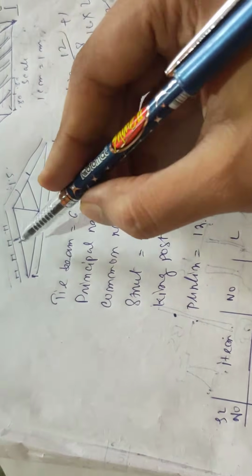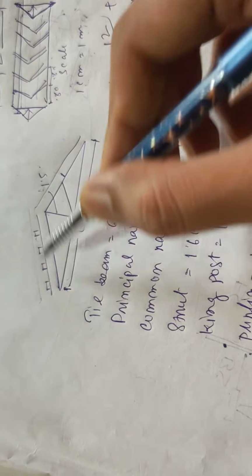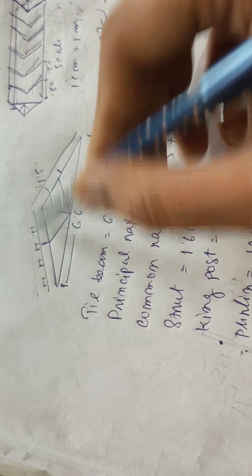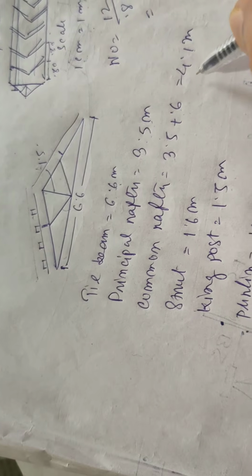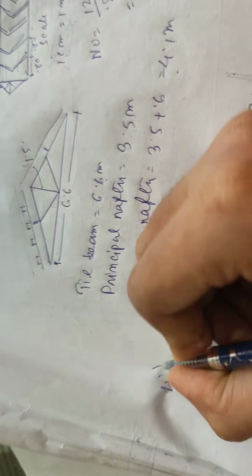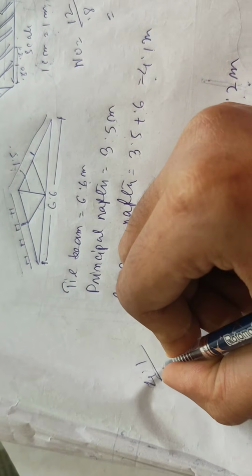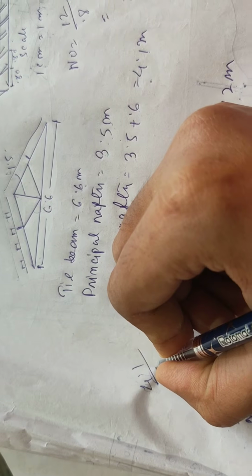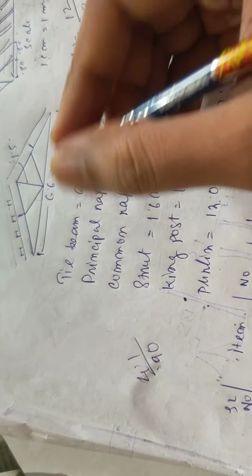One more thing, how to calculate the number of battens. If you are in a hurry, you can just assume the number of fixed battens on either side, or there is another method. The length of the common rafter is suppose 4.1, and at every 90 centimeter we have provided one batten.